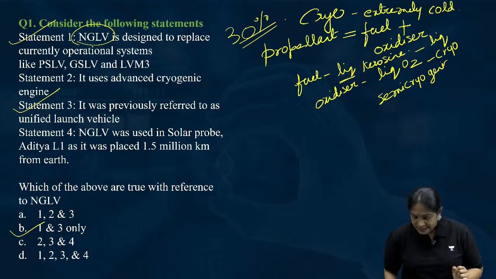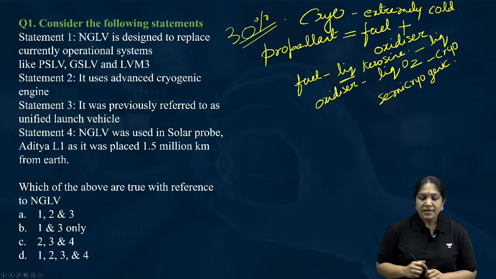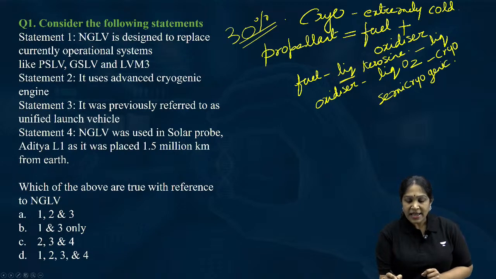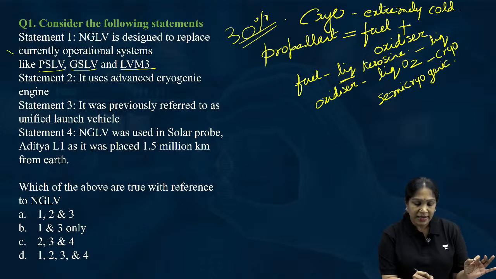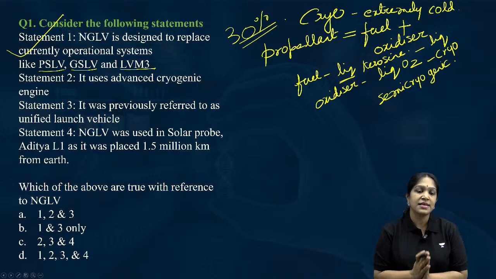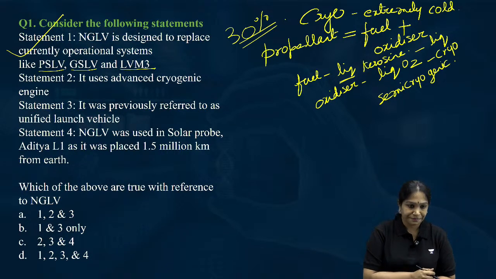Is it clear? Now let us check the statements, whether they are correct or wrong. Okay, the first statement, NGLV is designed to replace the currently operational systems like PSLV, GSLV, LVM3. Yes, correct. That is the reason why it was called the Unified Launch Vehicle.